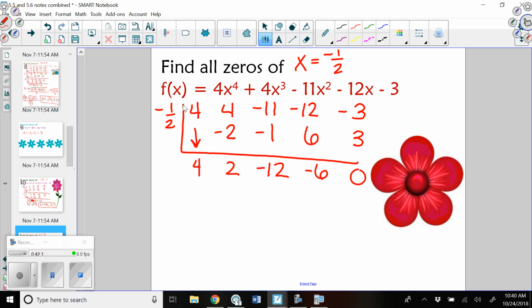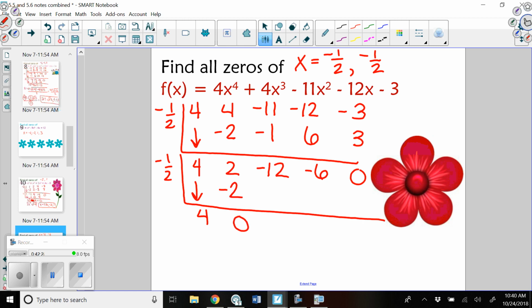Now, what do we know about negative half? It showed up twice because the graph bounced. So let's go again with the negative half. Negative half of 4? Negative 2. Add and we get 0. What's negative half of nothing? 0. And then we add negative half of negative 12.